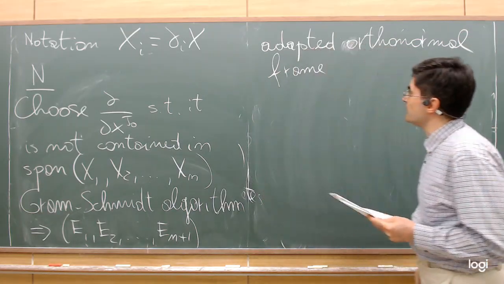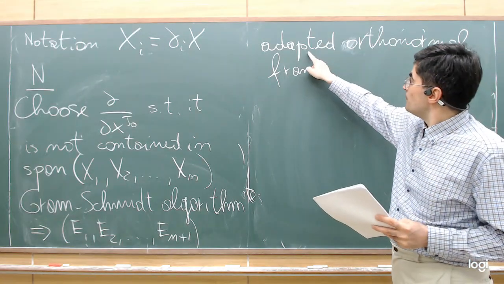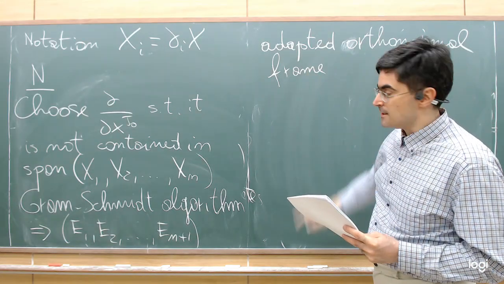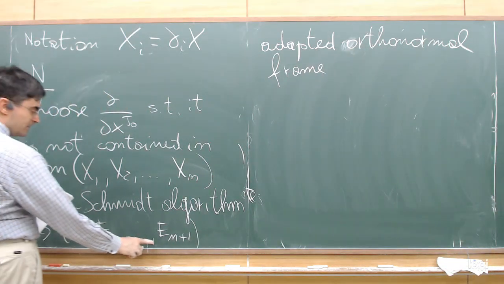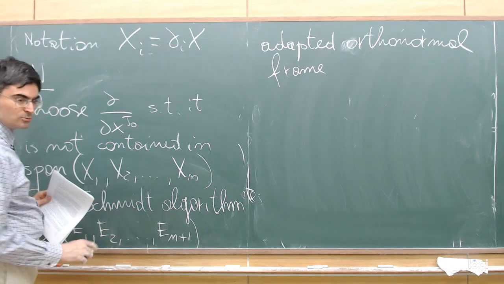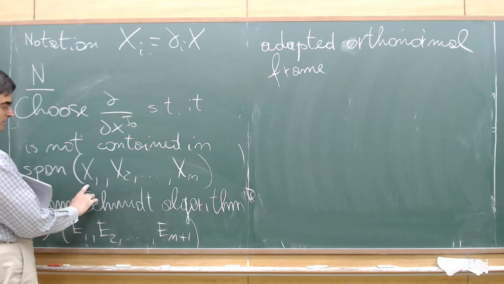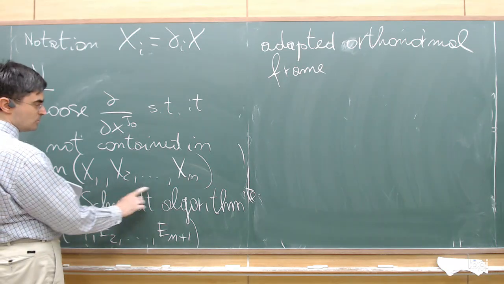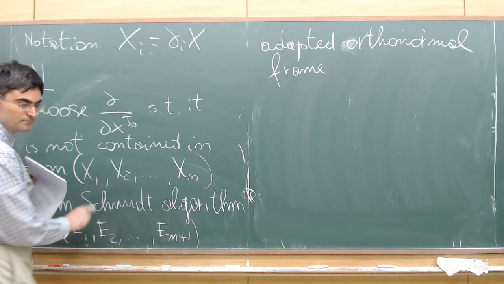The reason why this is orthonormal is clear. The reason why it's adapted is that the first n vectors are tangent to the surface because they are obtained from x1, x2, xn, which are tangent to the surface by construction.